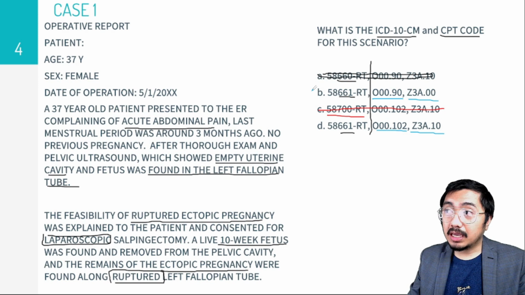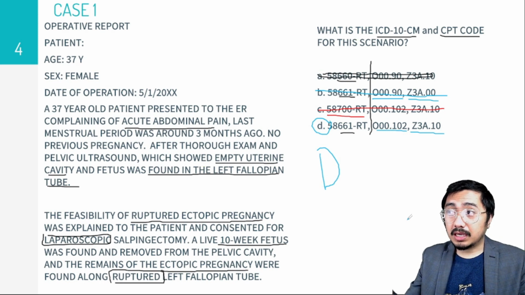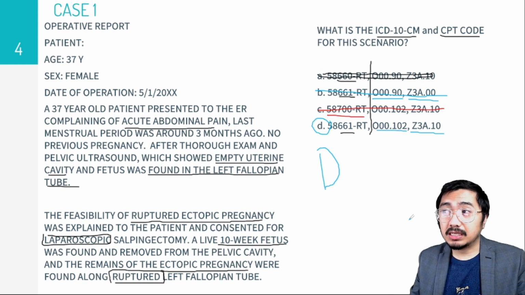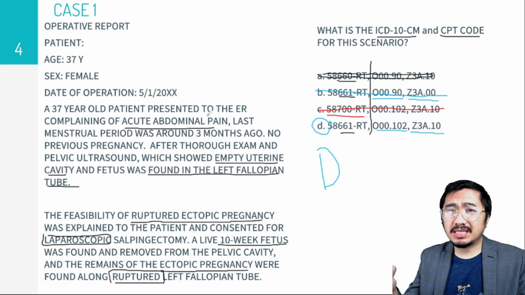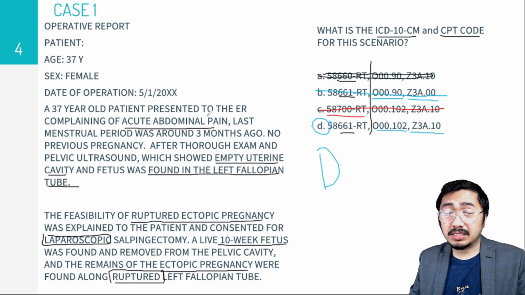So in that case, let's eliminate B. Letter D is the final answer for this question. So don't forget the technique that we have used here, so you can safely do the elimination technique here. A little bit of the same with the surgical procedures in the CPT coding, for your female reproductive system chapter. So let's now proceed to the next case.